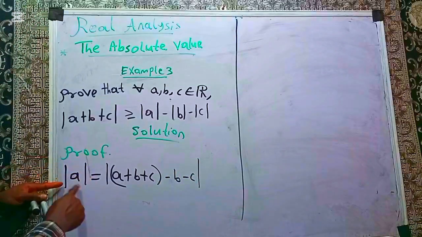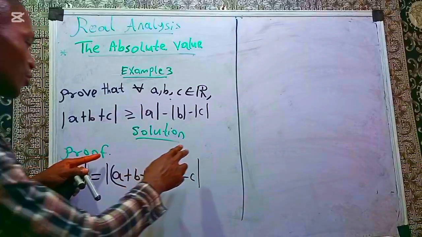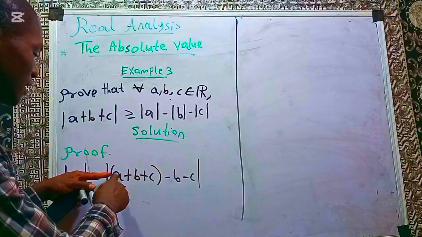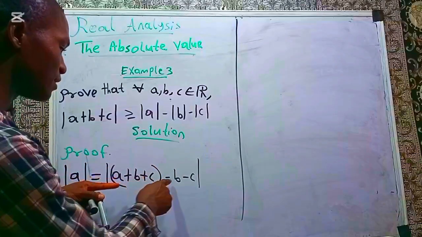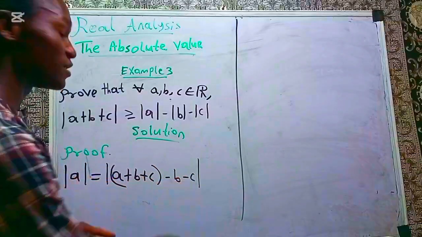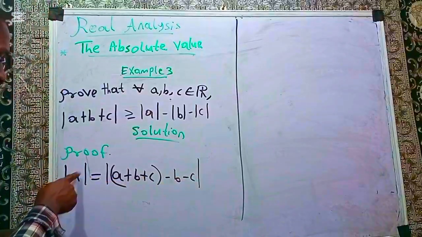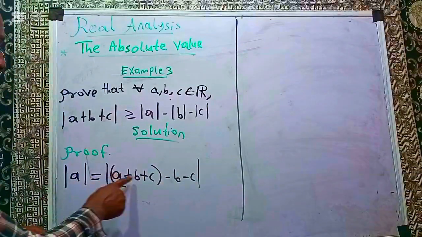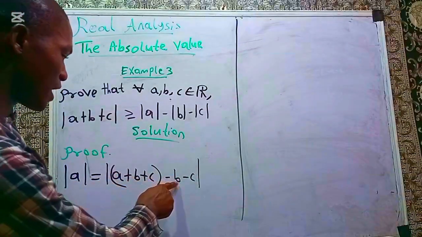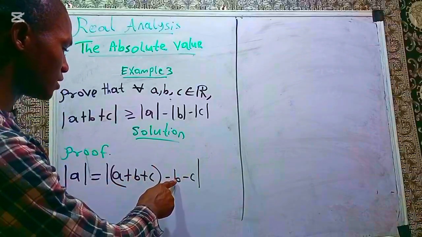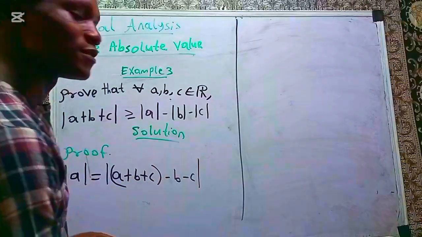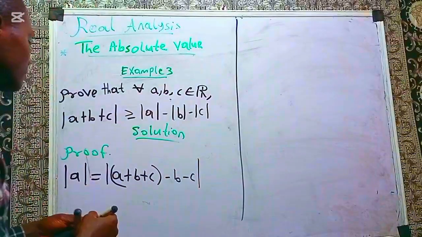So I've written this absolute value of a as absolute value of a plus b plus c minus b minus c, since a is the same thing as a plus b plus c minus b minus c. So they are the same thing, right?